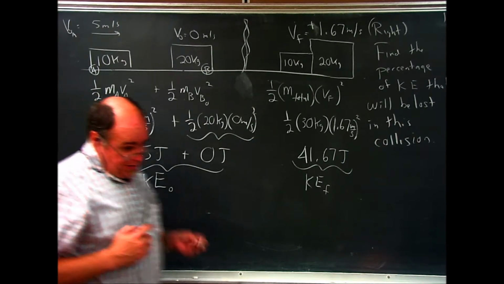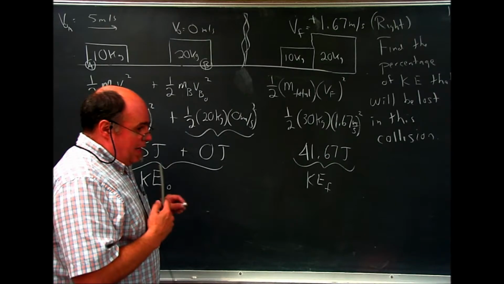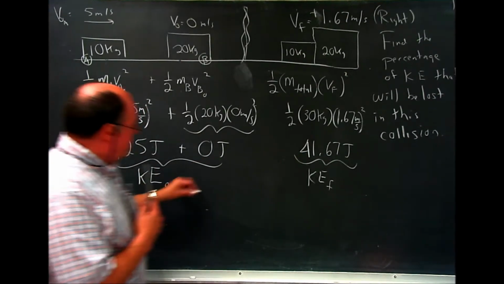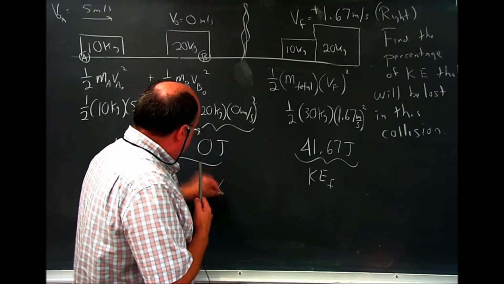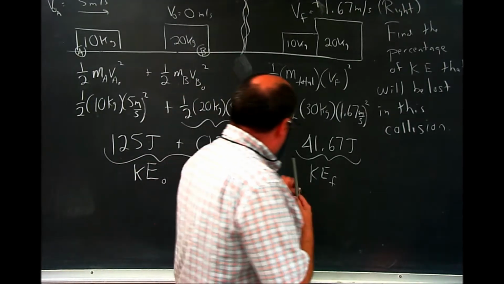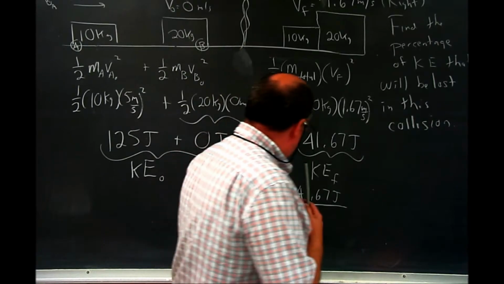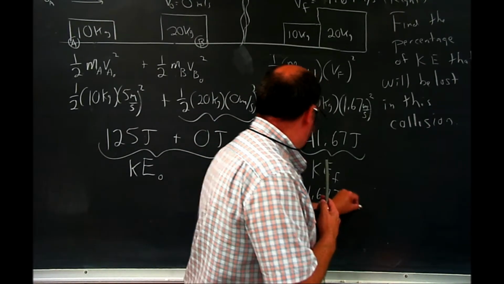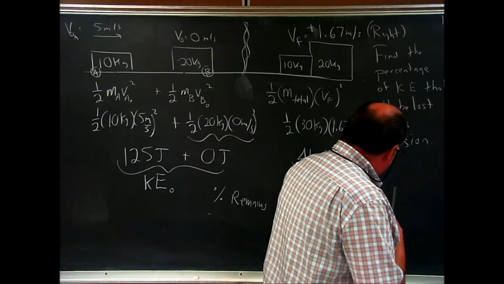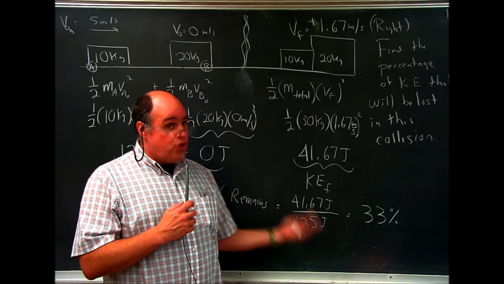Well, it's sometimes easy to look at how much kinetic energy remains. So the percent that remains basically is how much is left divided by how much you started with. So the percentage that remains would be 41.67 joules over 125 joules. If I did that on my calculator, it said 0.333, but that's 33%.